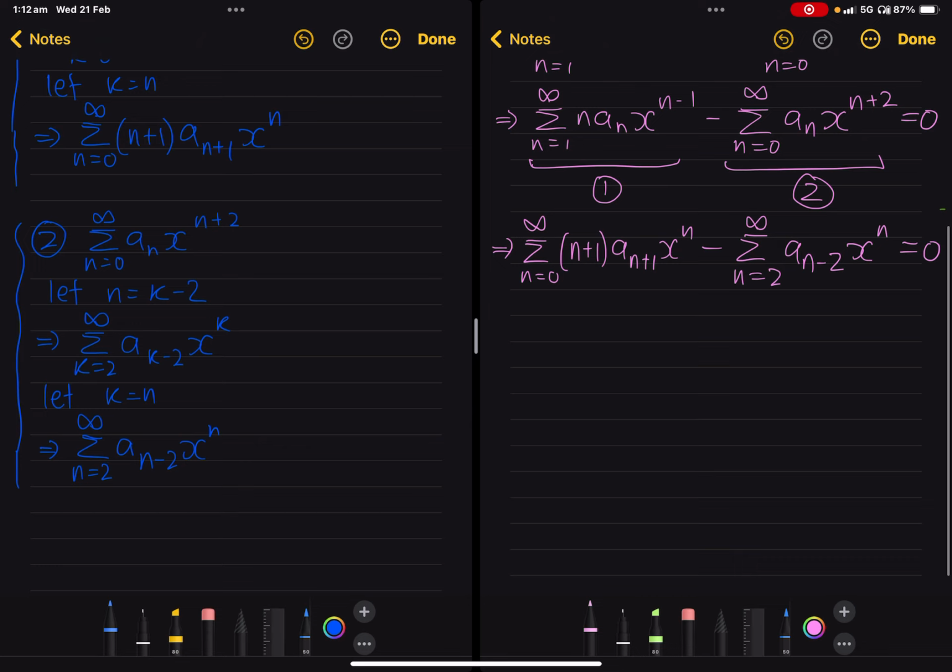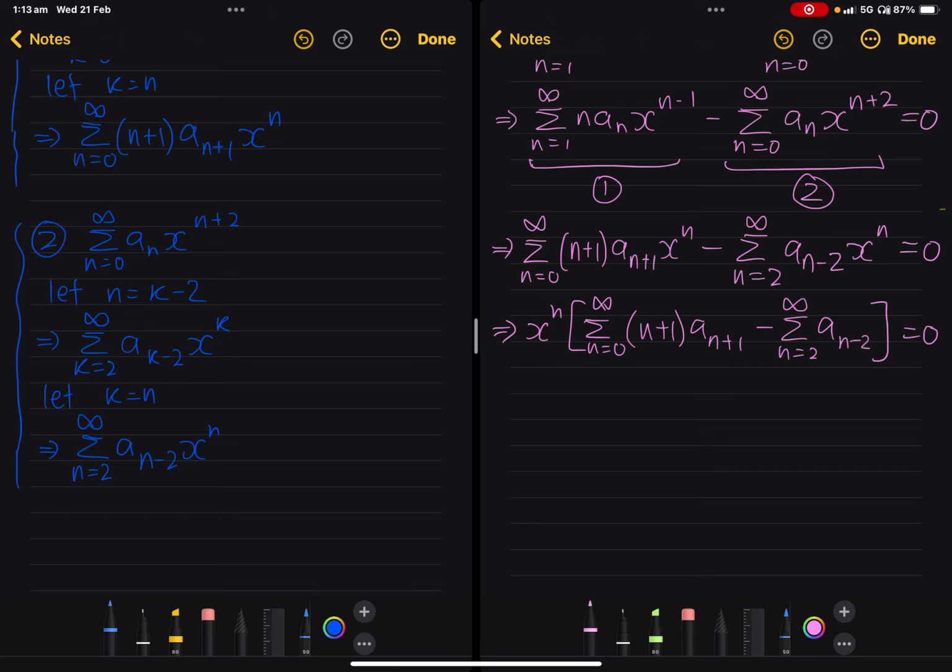So now we can factor the x to the n out. So we are going to get x to the n times, the sums start at different points. We can't just make them start at the same point, so we'll just leave them for the time being. Sum of n equals 0 up to infinity of n plus 1 times a subscript n plus 1 minus the sum n equals 2 up to infinity of a subscript n minus 2.